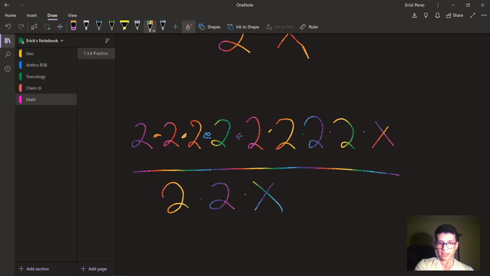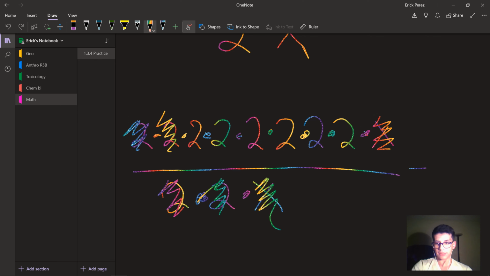Anytime you're multiplying things, as long as everything is being multiplied, when you do division, you could cancel anything that looks the same top and bottom. So these x's, since they're the same top and bottom, you cancel. These you count how many 2's can cancel out. There's 1, 2 here, and there's 1, 2 there.